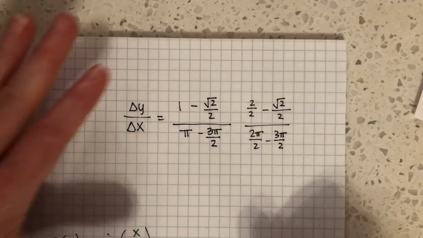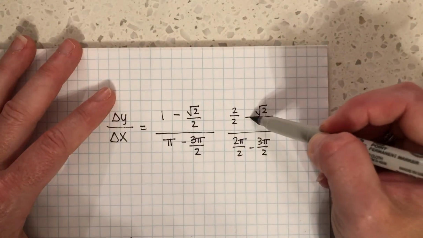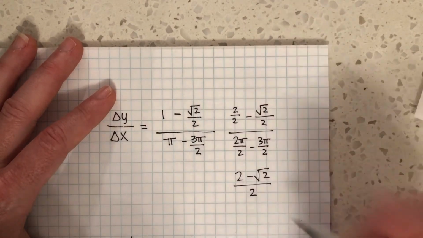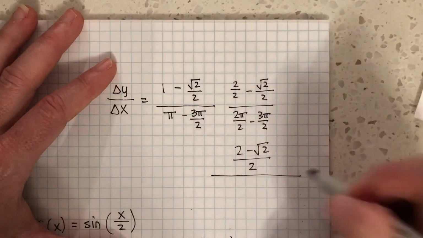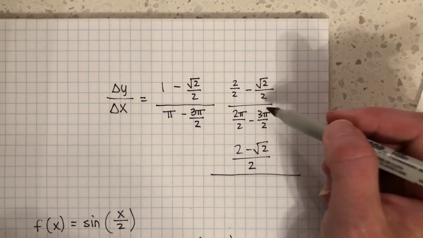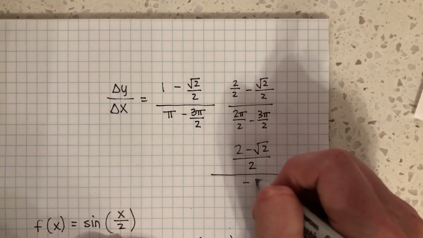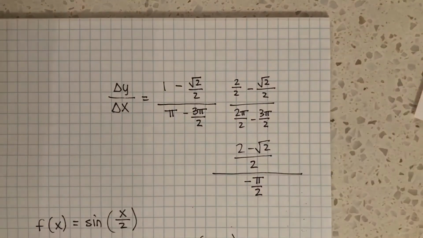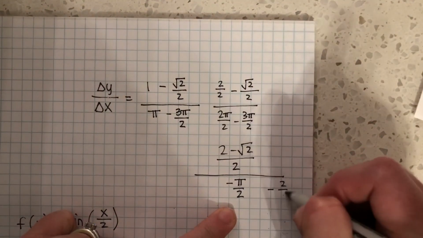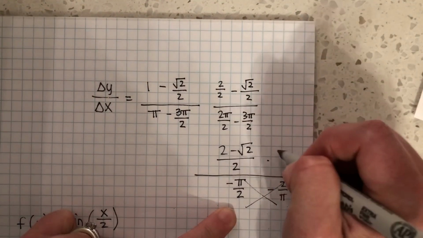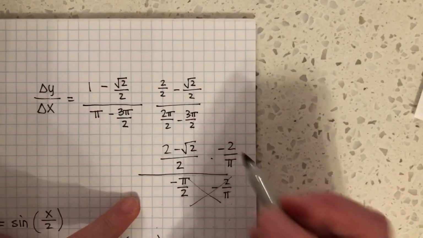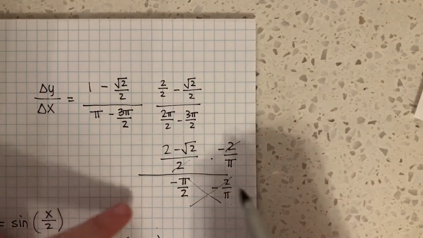All right, so what am I going to get? On top, I'm going to get 2 minus root 2 all over 2. And then divided by, well, 2 pi over 2 minus 3 pi over 2 is negative pi over 2. Okay, and then let's clean that up. Let's multiply by negative 2 over pi. So my 2's end up canceling, and you can do this two ways.